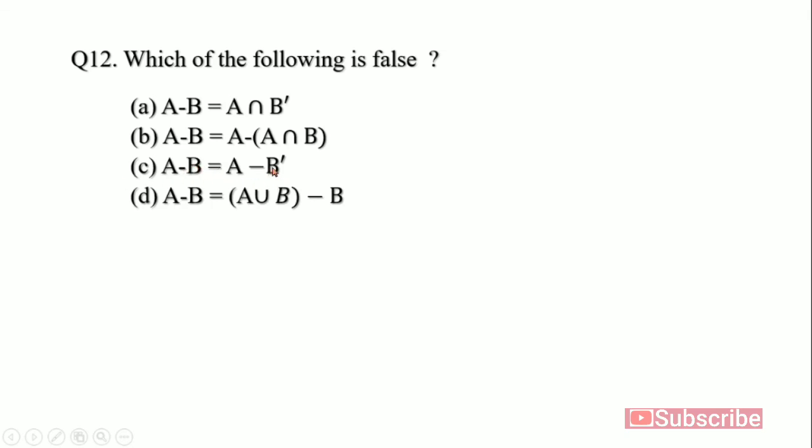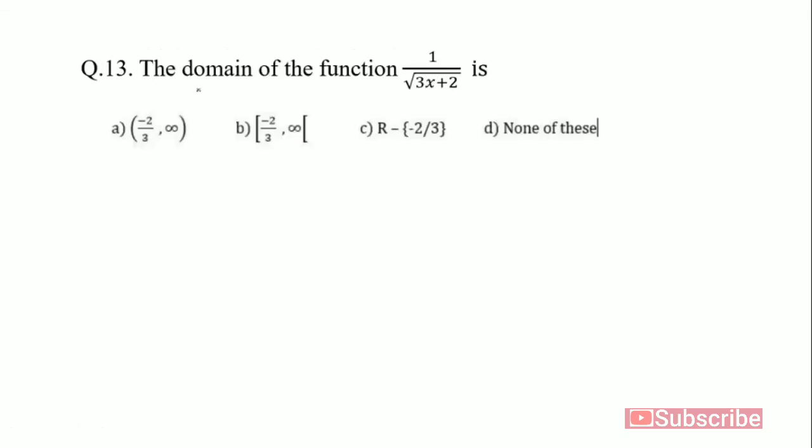Definitely B should be B, only then these two expressions will be equal. A minus B must be equal to A minus B. How can you say that B transformed to B complement? Is it not? So I think this is a wrong statement. Which of the following is false? This is the false statement.